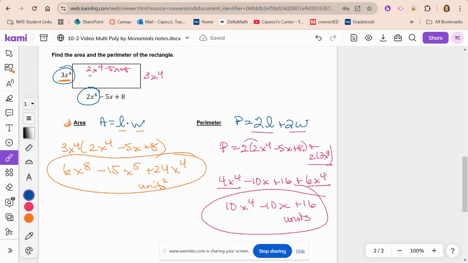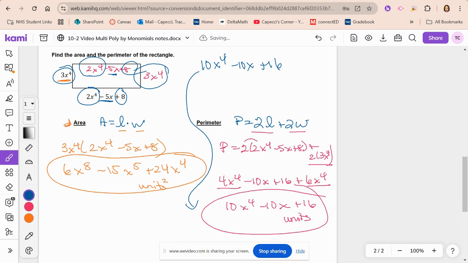That gives me 5, plus another 2 is 7, plus another 3 is 10. So that's 10x to the fourth. Then I'll go to the next power. I have negative 5x and negative 5x gives me negative 10x. And I have 8 and 8, which is 16. So as you can see, we have the same answer. So it doesn't really matter which way you do to find the perimeter. Okay?